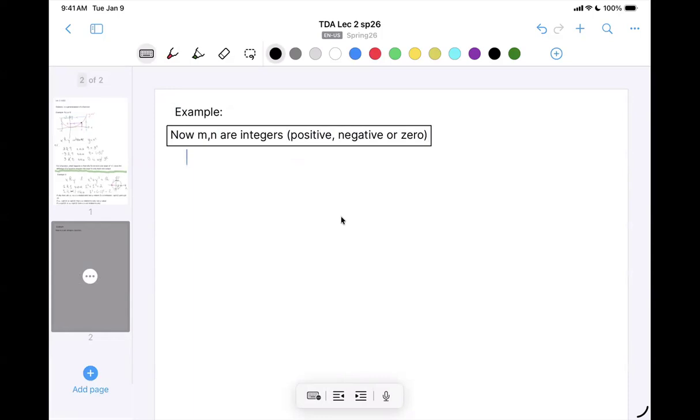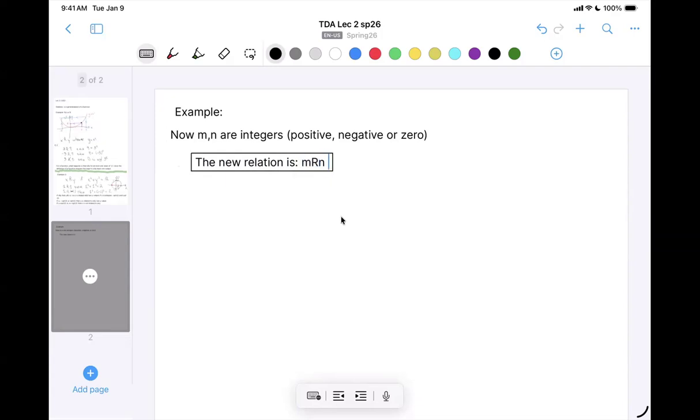So the new relation is that m is related with n, provided that m minus n is divisible by 2.